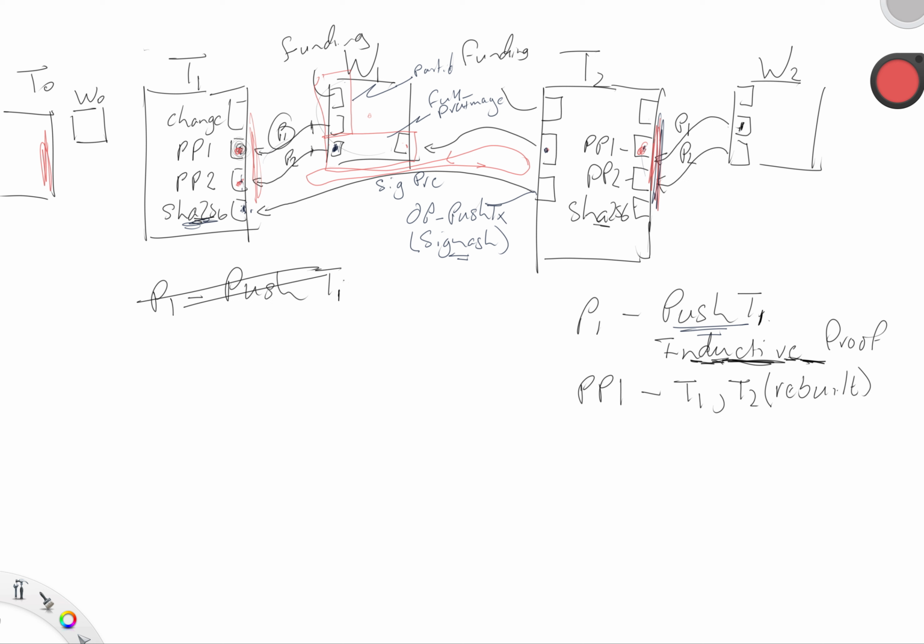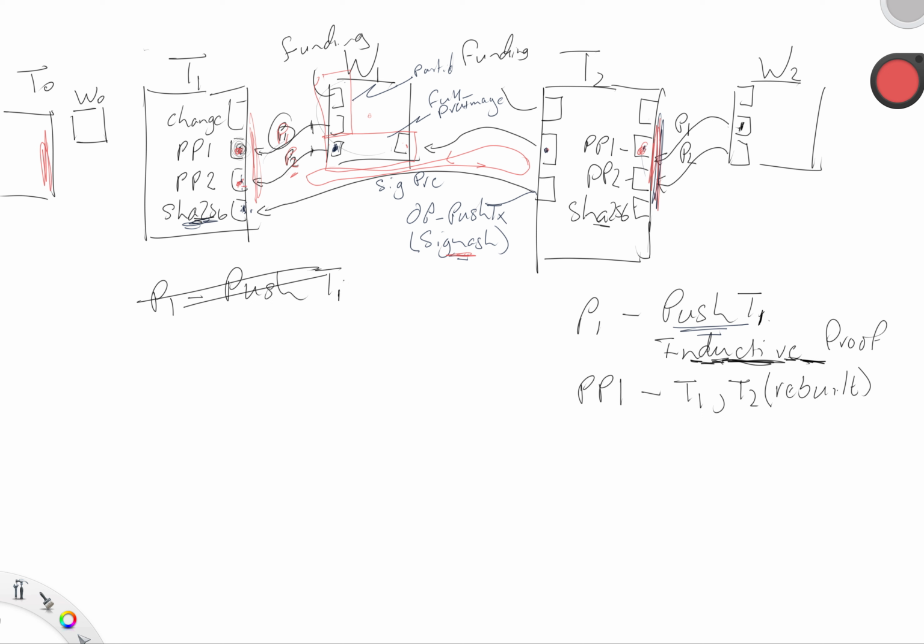This guy here is only there to ensure that P1 and P2 must spend from the same transaction. So when I spend from P2, the only thing it checks, via a SIG hash pre-image, the same kind of op push TX, is done over here.